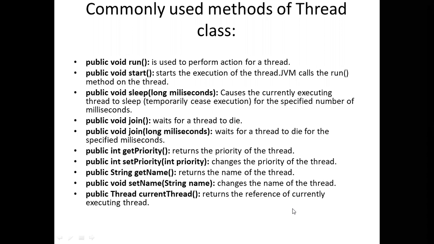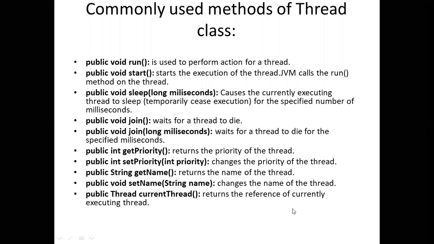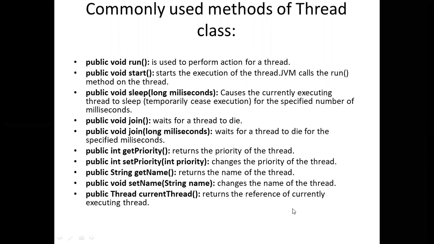All these are the different methods of the Thread class. We will be discussing each and every method one by one through our examples. In today's lecture we just see how we can create a thread.